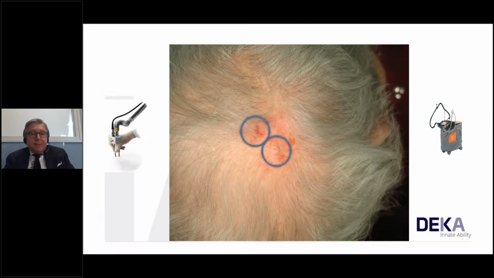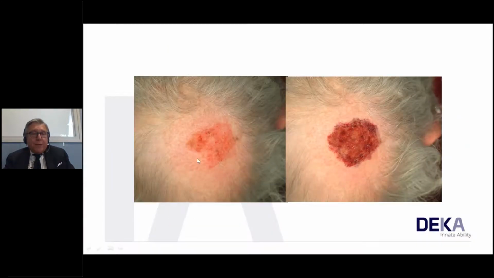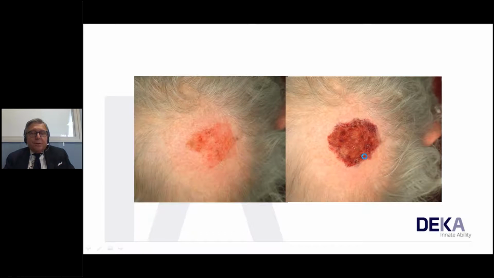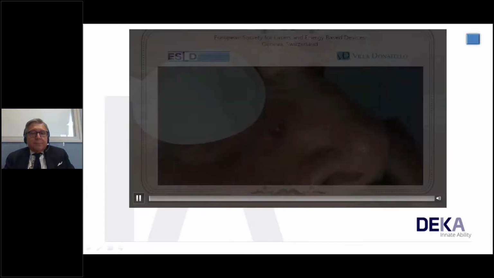You see here two BCC. In the first treatment, we open the roof of the area so that we can use the pulse dye laser with a typical purpura, and you see the results after three months.